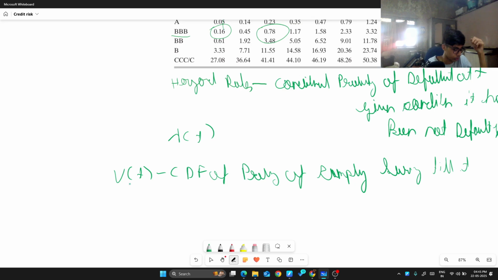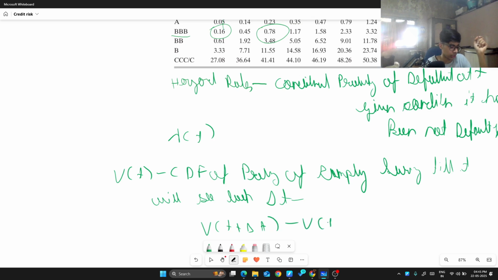Then we look at the change in probability over a very small time, which gives delta V(t) equal to minus hazard rate times V(t) times delta t.